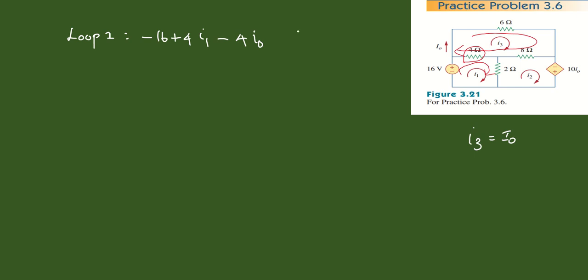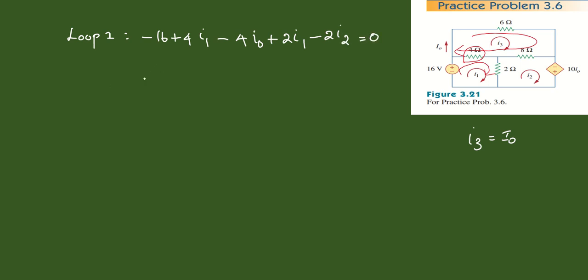Then this current I1 is flowing through this 2 ohm resistance, so it is plus 2 I1. At the same time, the I2 current is also flowing through this 2 ohm resistance, so it is minus 2 I2. That is equal to 0.